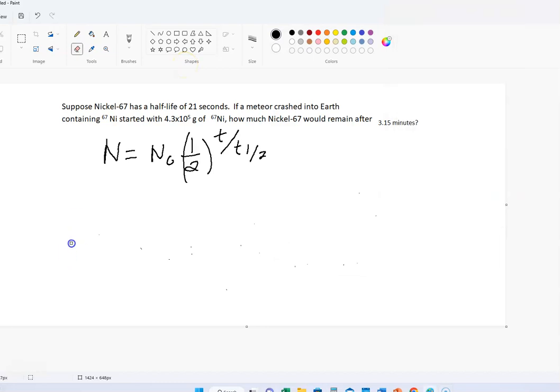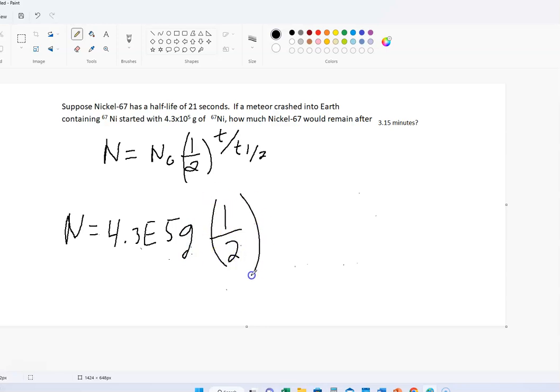We were looking for n. The initial amount was 4.3 times 10 to the fifth, and I'm going to write it this way. Just get used to that. This is grams, and then it's 1/2 raised to the power.